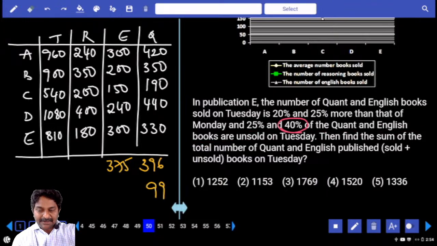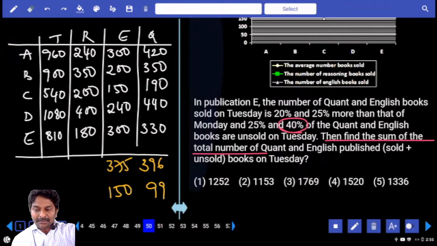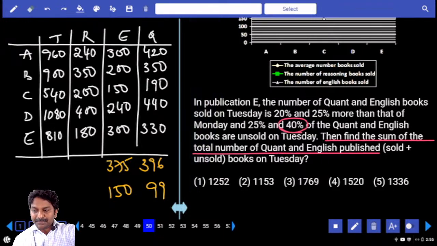In English 40%: 10% of 375, 37.5. Double, 75. 75 double, 150. These are unsold. Now the question is, find the sum of total number of quant and English books published on Tuesday.